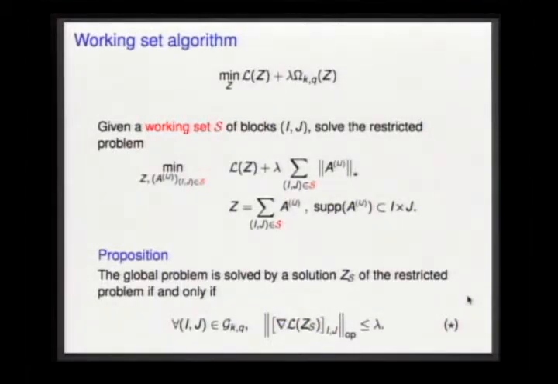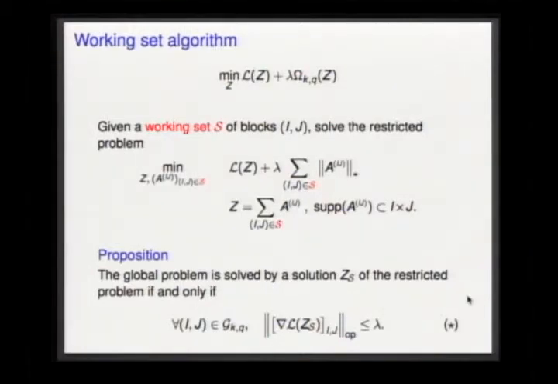So the algorithm that we have works as follows. At each step of the algorithm, we have a matrix that is written as the linear combination of a small number of matrices which have support included in sets of specified size k and q.